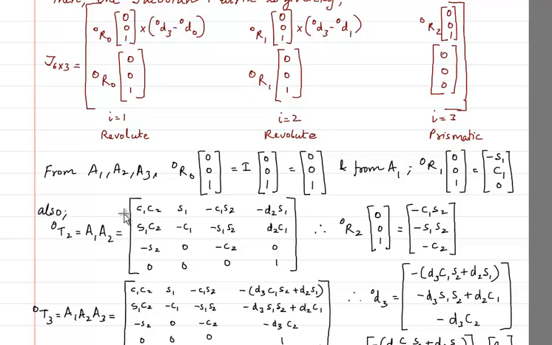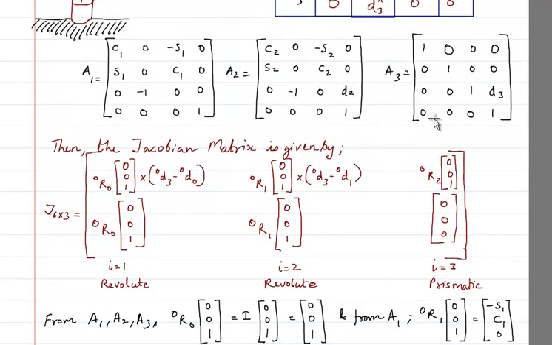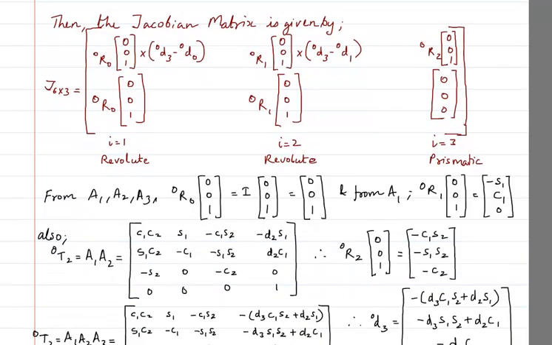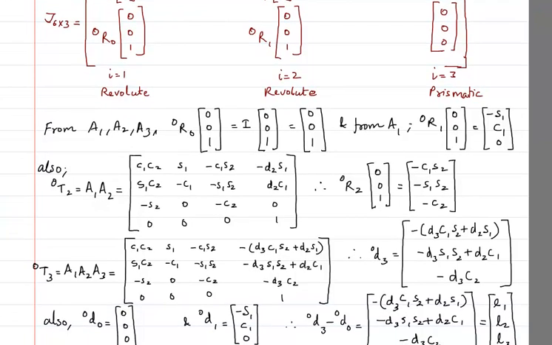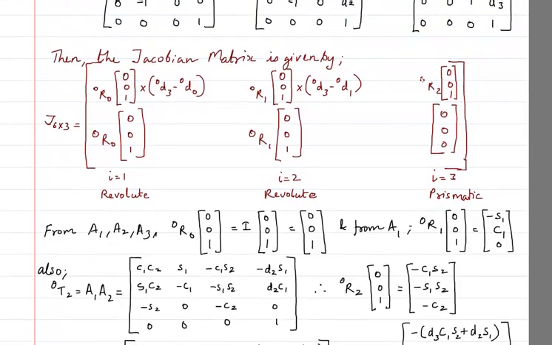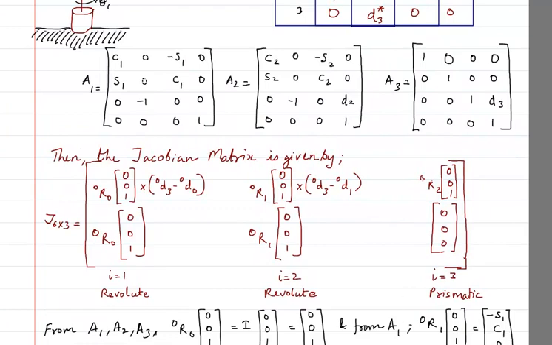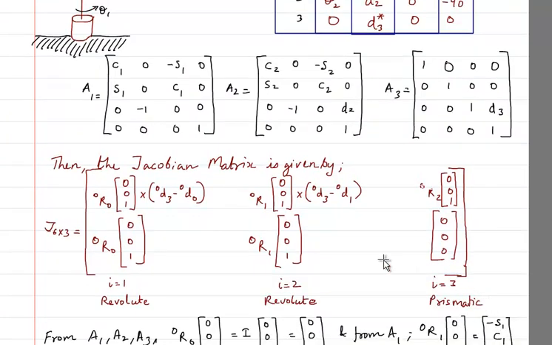Now what is remaining is we have to find 0d3 and 0d1. 0d1 we can find from 0T1, and 0d1 is just 0, 0, 0.